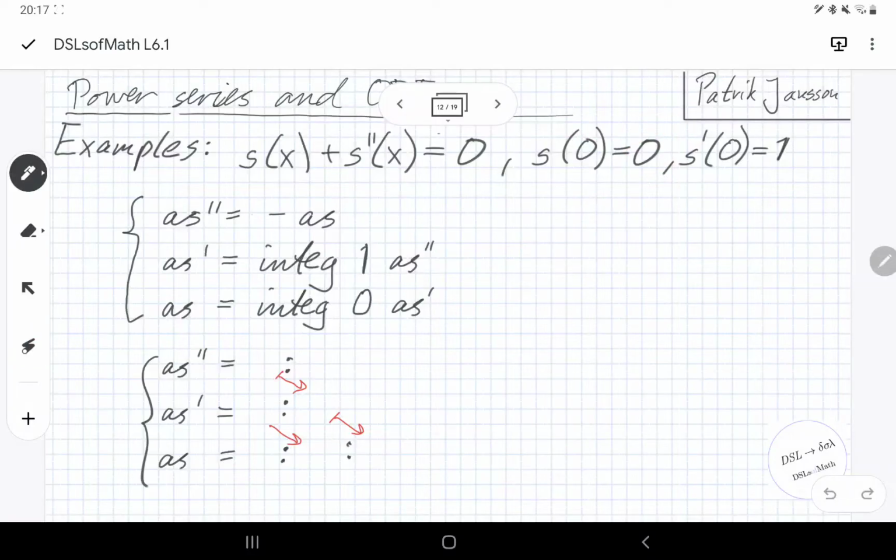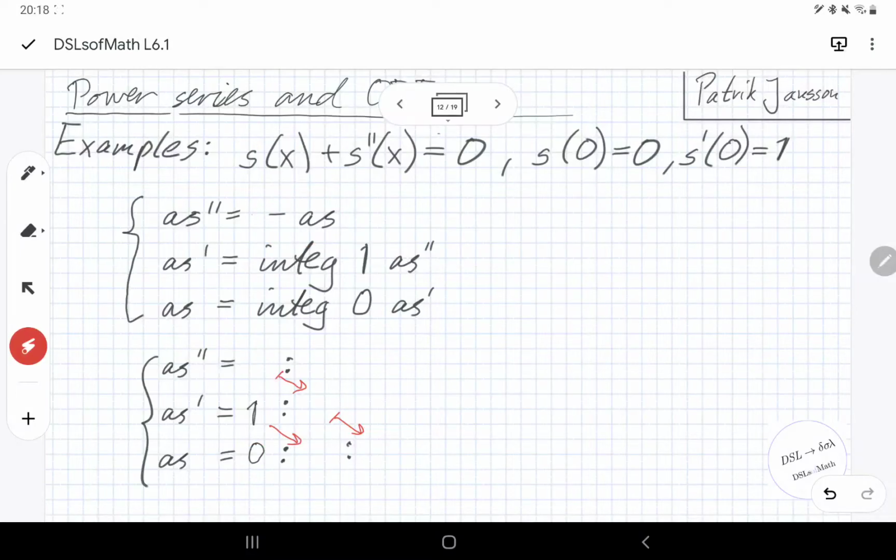Okay, and if we want to start filling this in, we can start by filling in the information we know from the initial conditions. So, for example, at the very bottom, we have a 0. And then for AS prime, we got a 1. And then from the bottom one and this equation, we get this bottom.